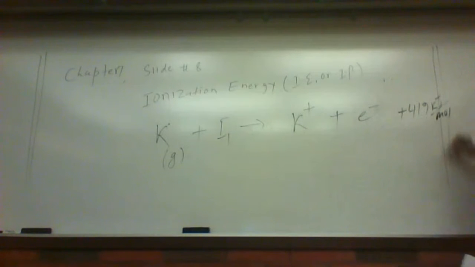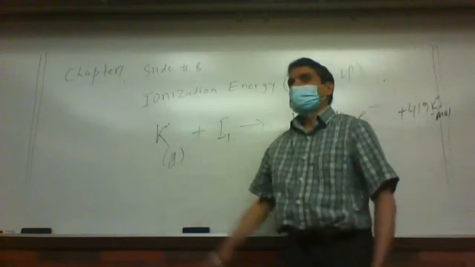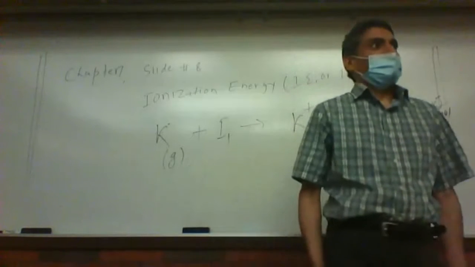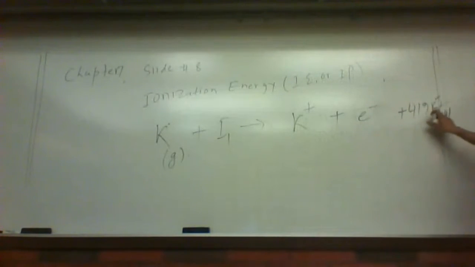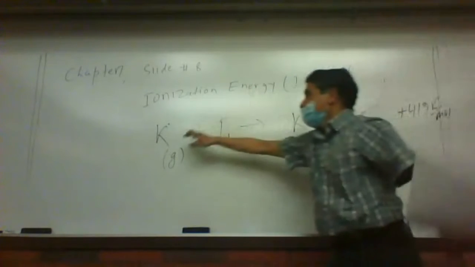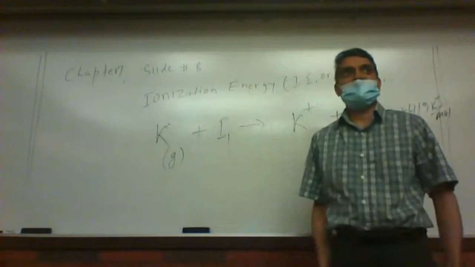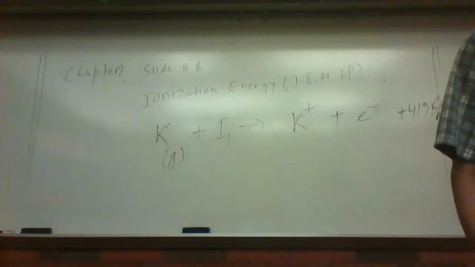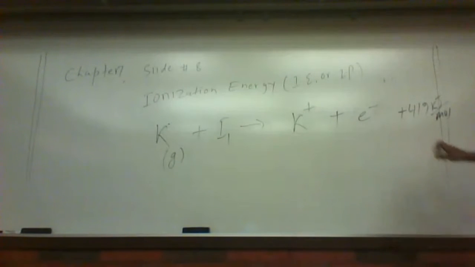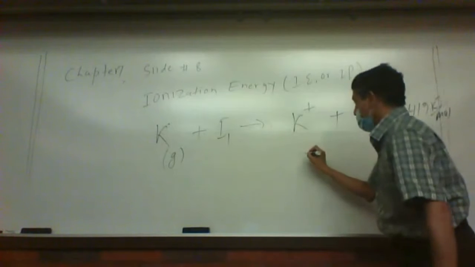kilojoule per mole. Meaning that if you have 6.023 times 10 to the power 23 atoms of potassium gaseous atoms, you need to give 419 kilojoules of energy so that all those 6.023 times 10 to the power 23 potassium atoms become potassium ions. Listen? So why is the plus here?